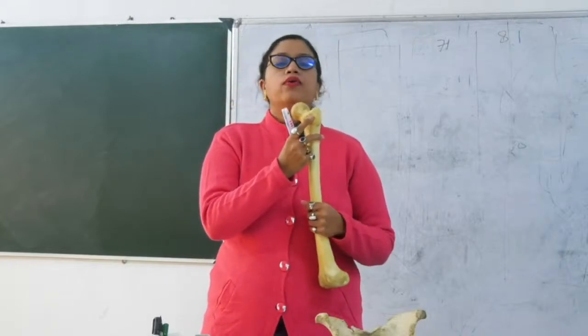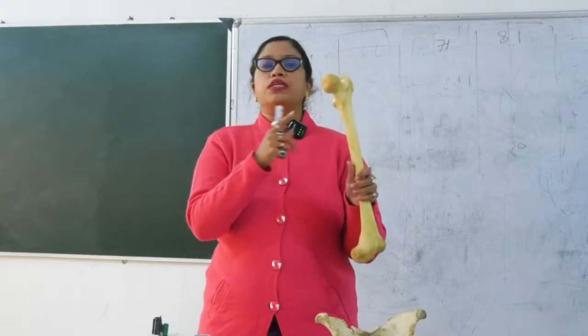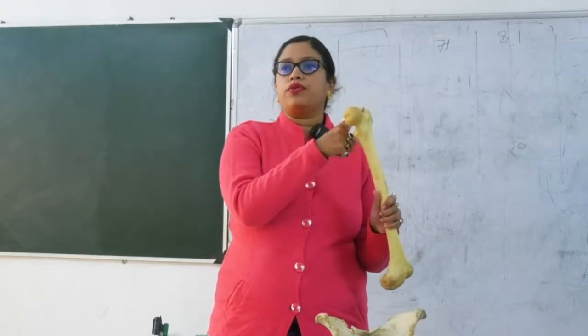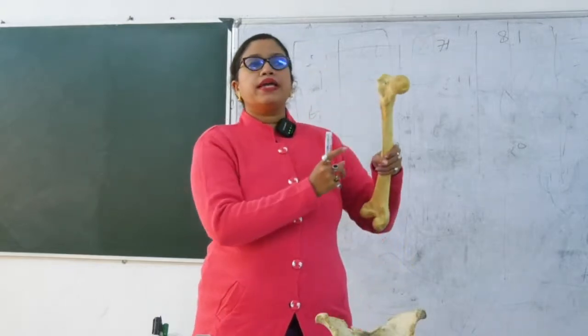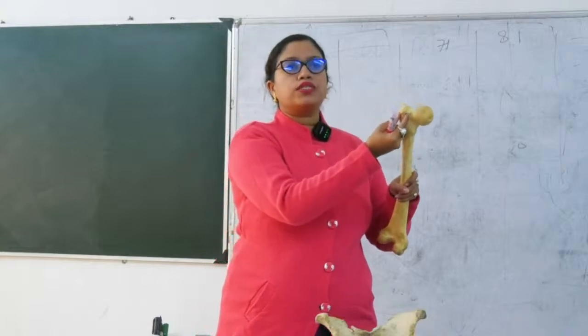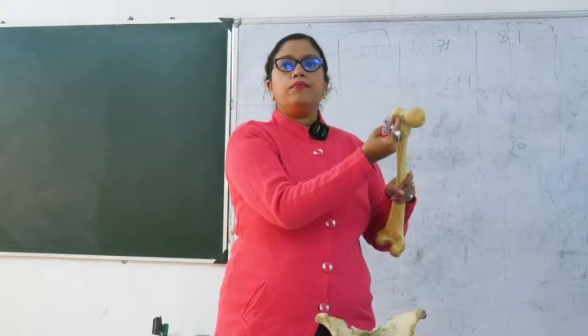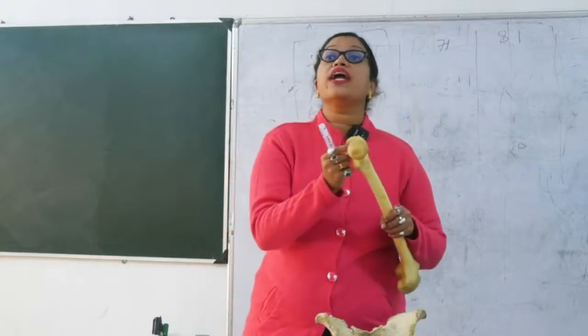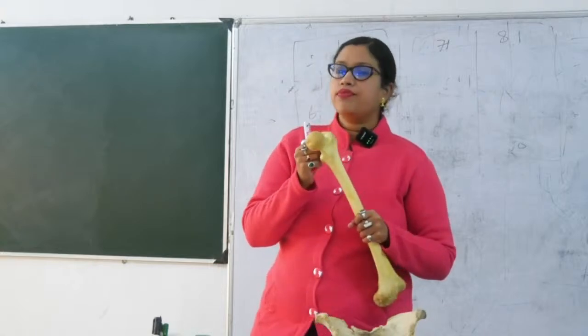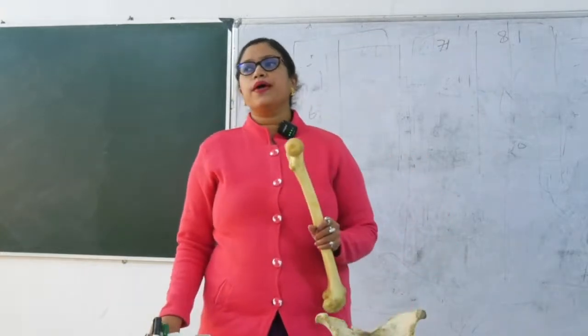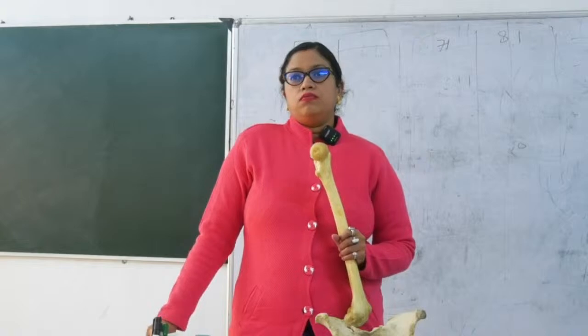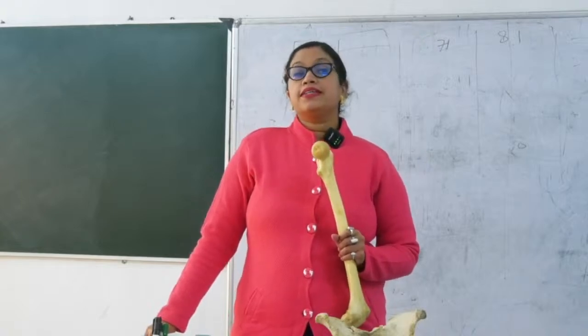Okay. Now coming to the medial surface. The medial surface is very important. If you see the medial surface, there is one fossa behind it. This is known as the trochanteric fossa. Which structure is attached over there? Obturator internus or externus?